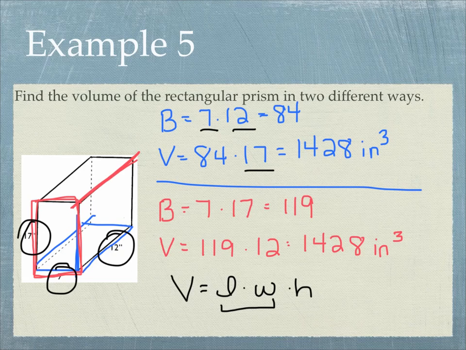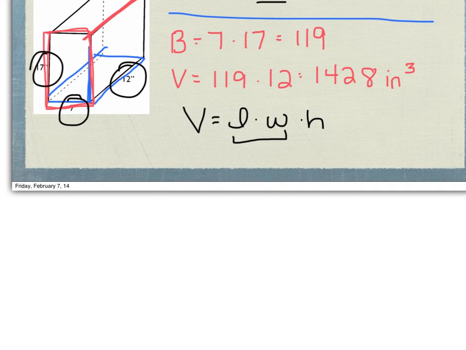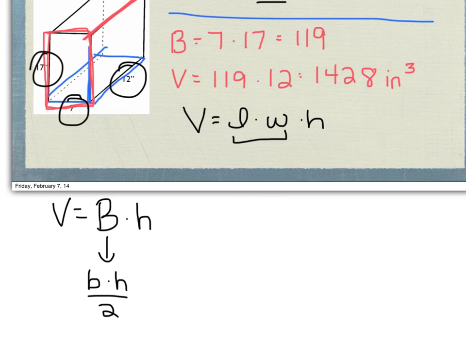Hunter? For the triangular prism, I did base times width times height divided by 2. Yeah, that would work. Because what's going to happen there, just to talk about what he just said for the triangular prism: we have said that volume is area of the base times the height, right? Well, for a triangle, area of the base is base times height divided by 2, okay?